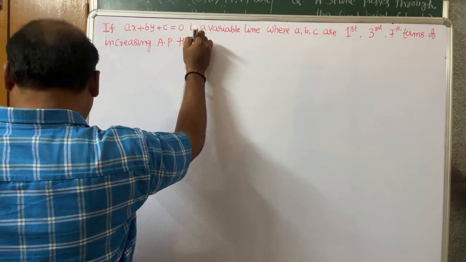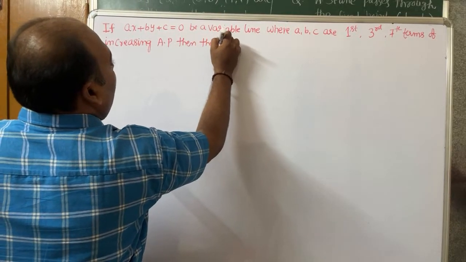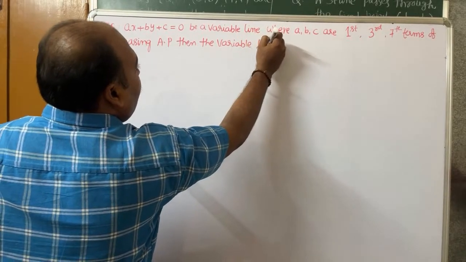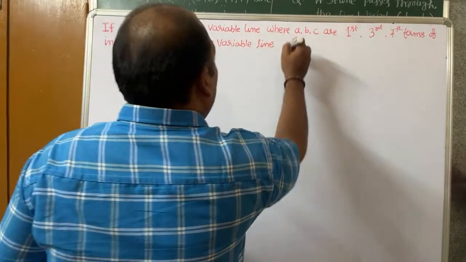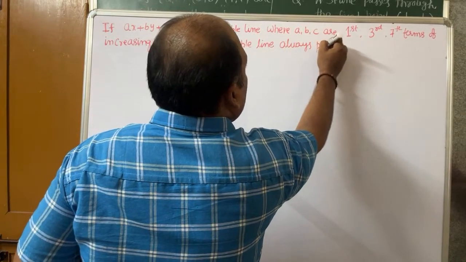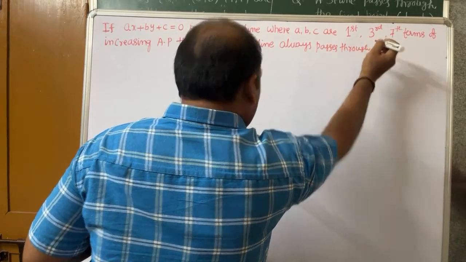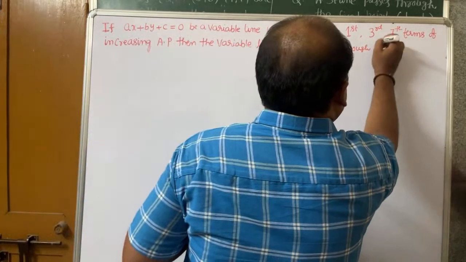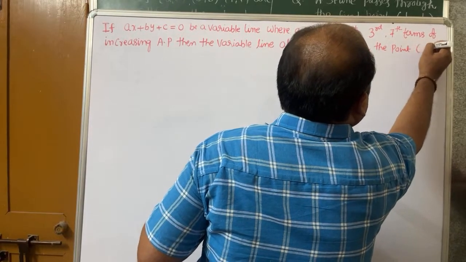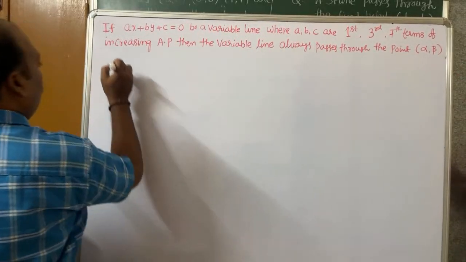Then the variable line always passes through the point (alpha, beta).